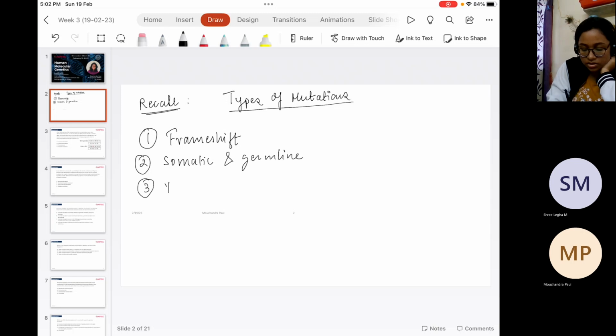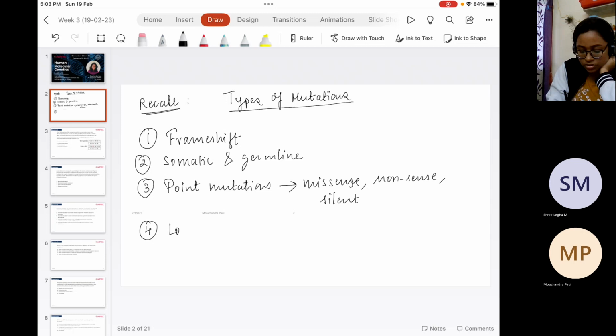Then there were a few types of point mutations as well, right? Which result in either missense mutation, nonsense mutation, or silent mutations. And we can also categorize these mutations as loss of function and gain of function.